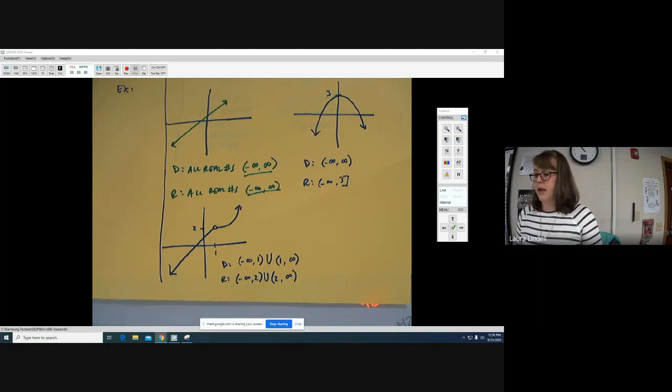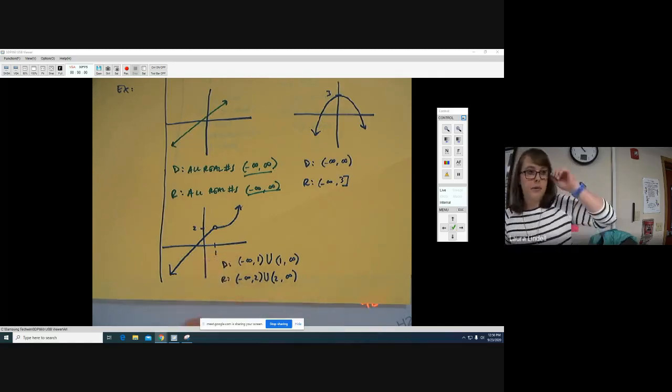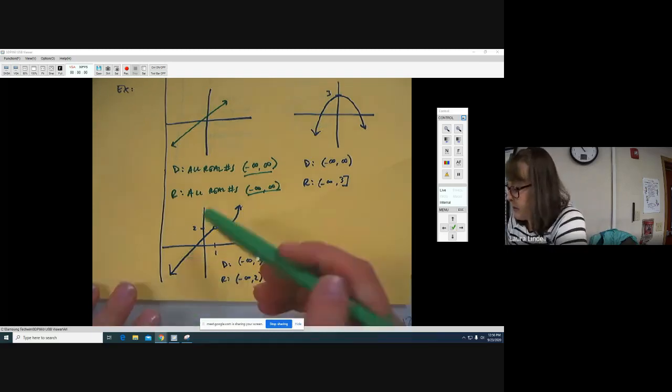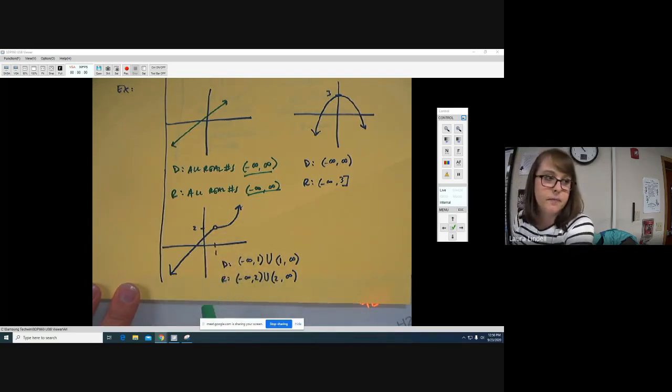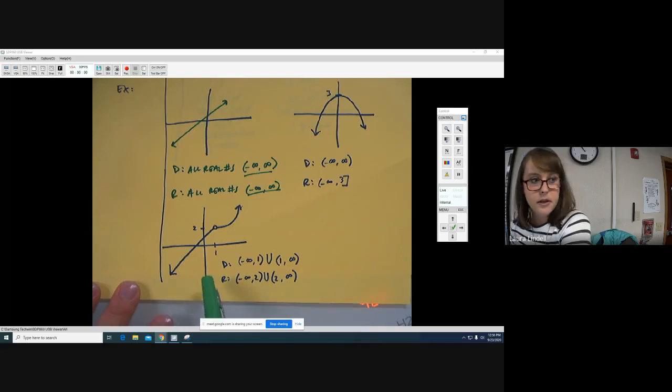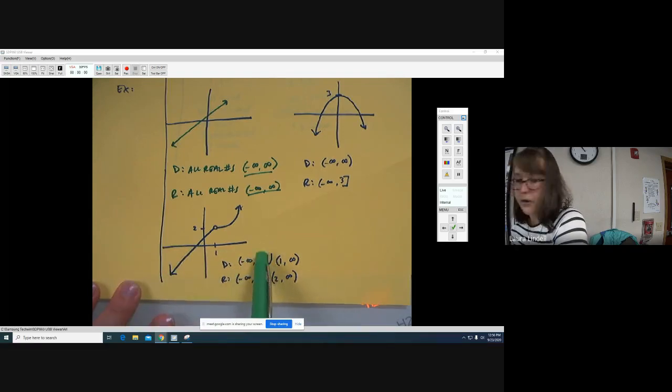Any numbers? Yeah, I can explain that one again. So if we're going to exclude a number, since here we've got a hole in our function, then for the domain, I know that this is going to reach all x values except for 1. 1 will not be an x value of this function. So I know that it goes off to negative infinity, and it goes up to 1, but not including 1.